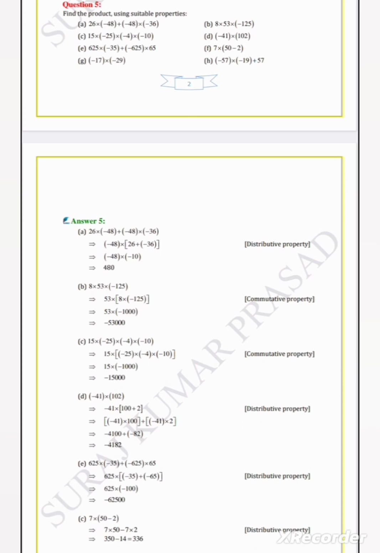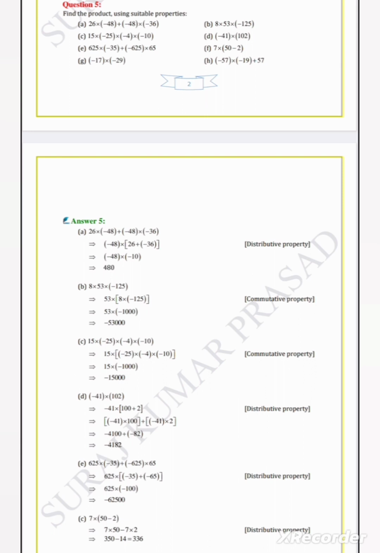Question number 5. Find the product using suitable properties. A. 26 into minus 48 plus 48 into minus 36. As we know, the suitable property is the distributive property, and we write the answer as given below. 26 into minus 48 plus minus 48 into minus 36.